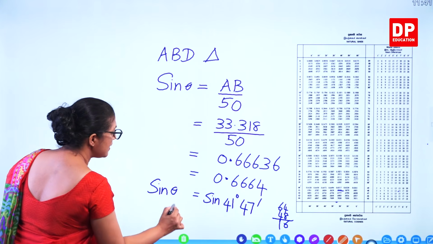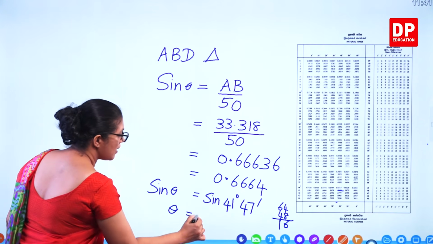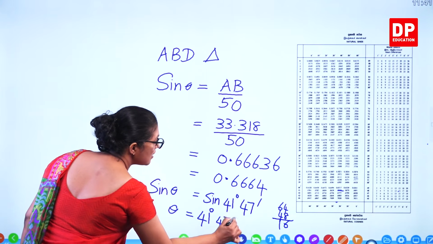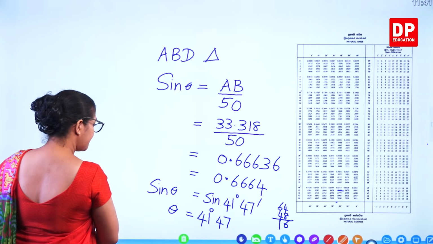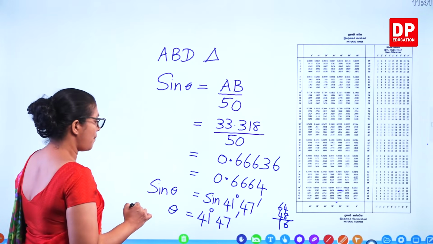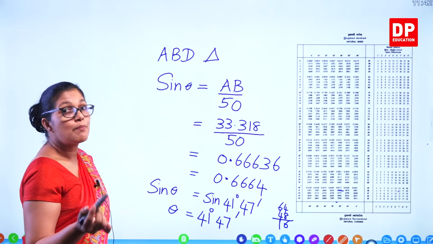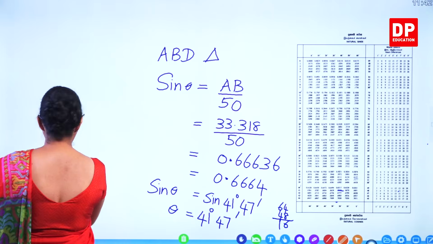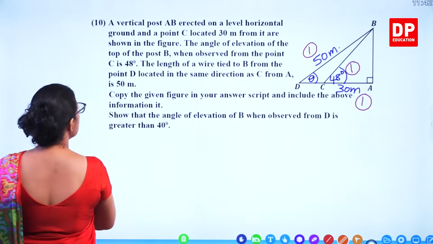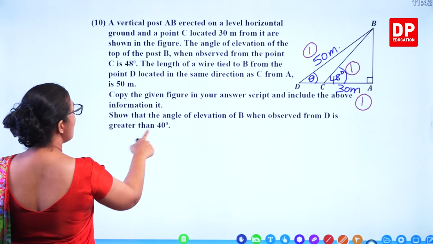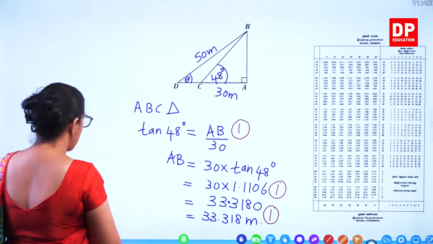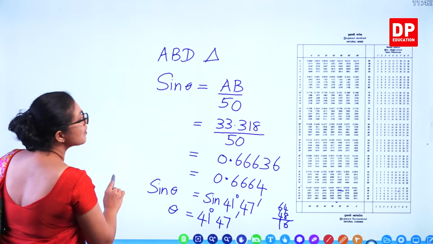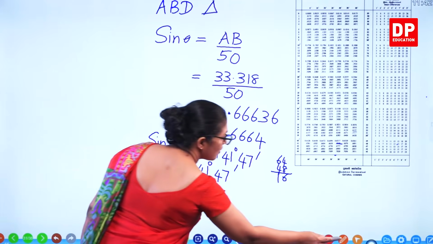So what's the angle theta? Theta becomes 41 degrees and 47 minutes. So that's more than 40 degrees. The angle we need to show is more than 40 degrees.